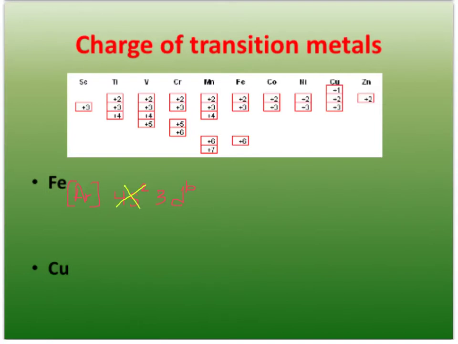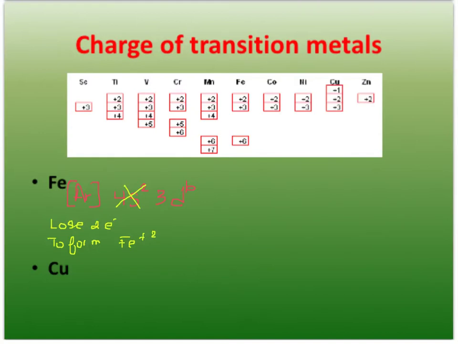So here it loses 2 electrons to form Fe+2. Okay, so it loses those 2 electrons.